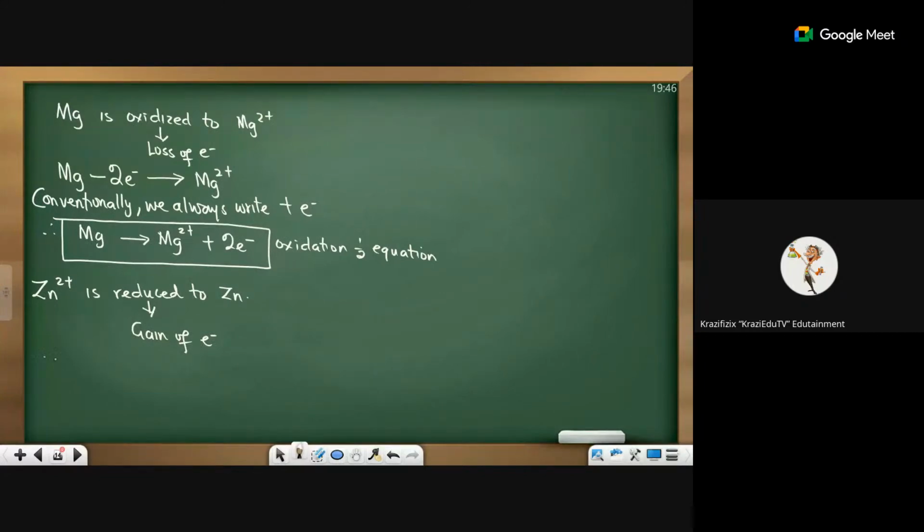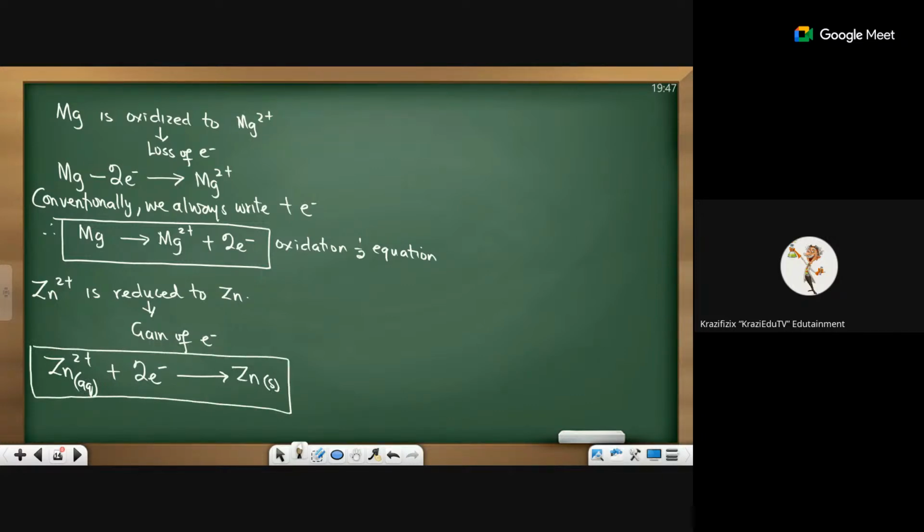So what do we have? Zinc 2 plus, plus 2 electrons to give us what? Zinc, solid, and that is aqueous. This is known as the reduction half what?